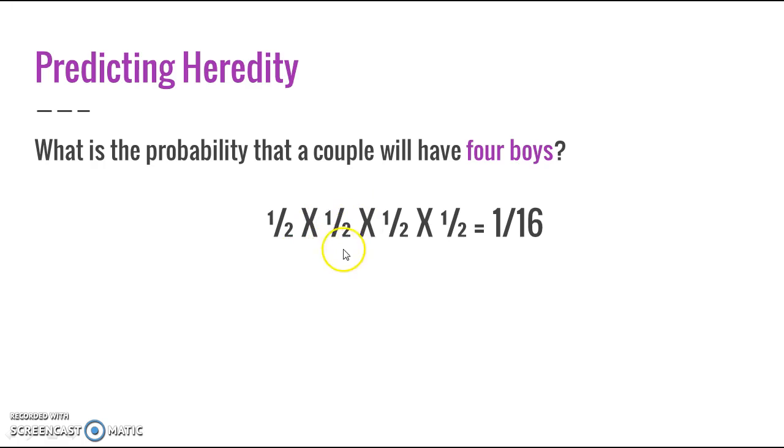The second child also has that 1 out of 2 probability. Every time gametes are formed, there's a 50-50 chance of which genes will show up. And so we take that 1 out of 2 probability for each of those 4 boys, and as we multiply out 1/2 times 1/2 times 1/2 times 1/2, that gives us 1/16.